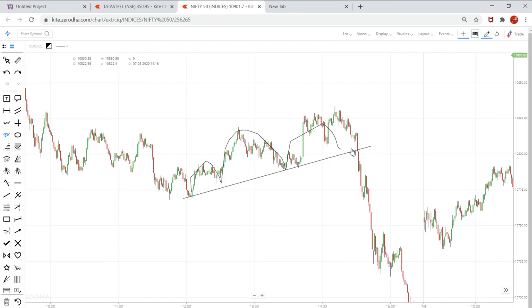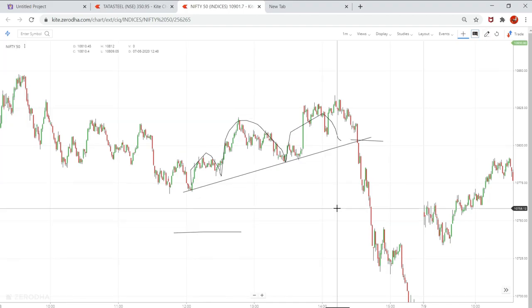Once it broke here, you have to take a trade and sell Nifty at 10,800. You can take a put in terms of options, or you can take a future trade as well. It almost captured 100 points over here, up to 10,702. So you have to identify these patterns which it creates. This is how you trade in Nifty 1 minute strategy.